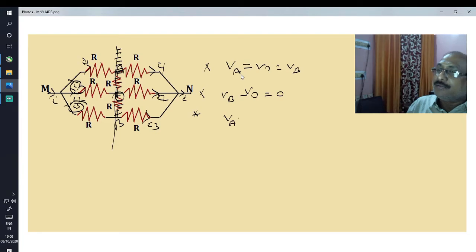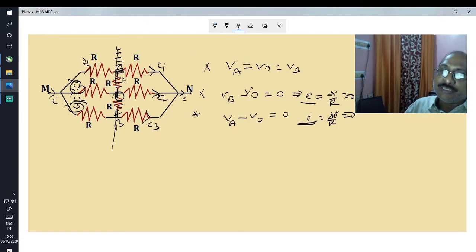Potential at A, VA minus potential at the point B, equals 0, implies that flowing current I equals delta V upon R, potential difference upon resistance, that is 0. Current is not flowing through these two resistances, therefore we remove these two resistances. So this circuit will be converted into the form like this one.